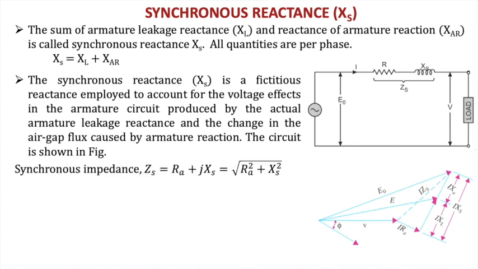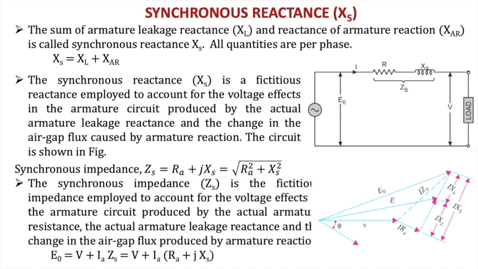So over here we have combined the two, and the resistance plus the reactance gives the synchronous impedance. The synchronous impedance is ZS equal to RA plus jXS, and its magnitude is the square root of RA squared plus XS squared. Then you can write E0 equal to V plus IA into ZS, where ZS is equal to RA plus jXS.